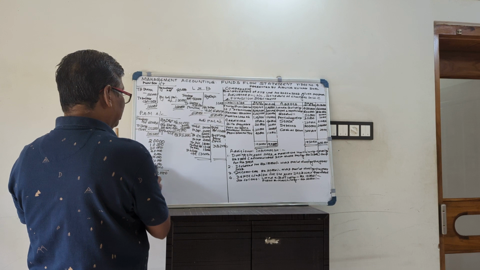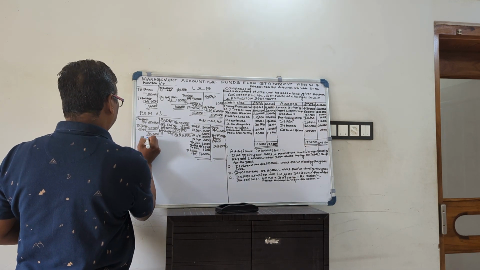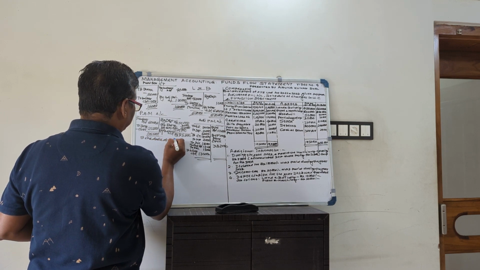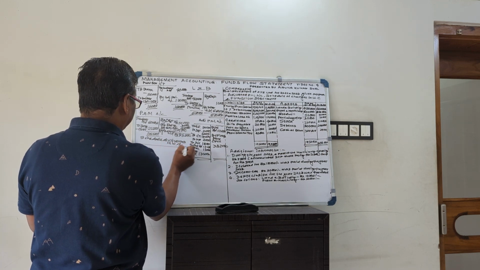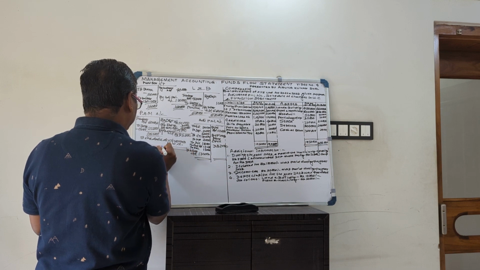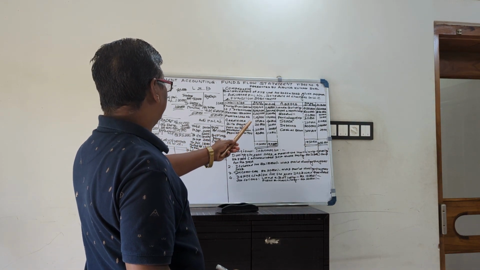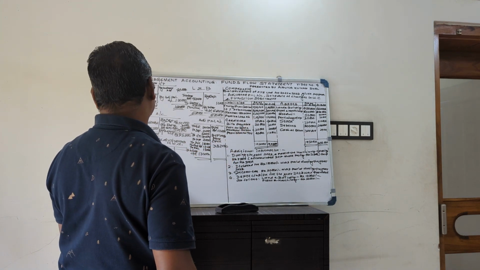Then we will prepare the schedule of changes in working capital. We already discussed. We will show creditors, bills payable, provision. First, we will prepare 3 columns.